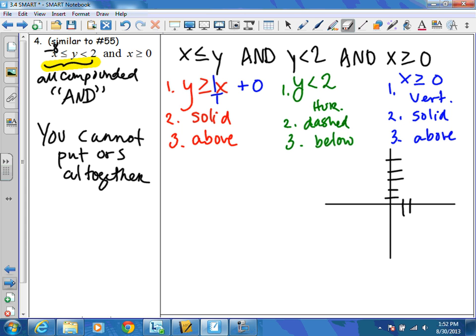I'm going to make these big. I'm just going to go by 2s. Y-intercept of 0, slope of 1. Solid. Shade above.